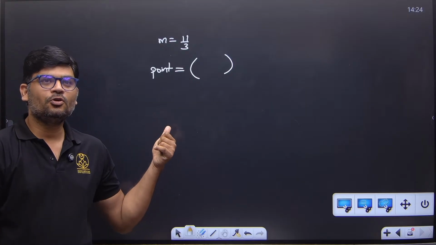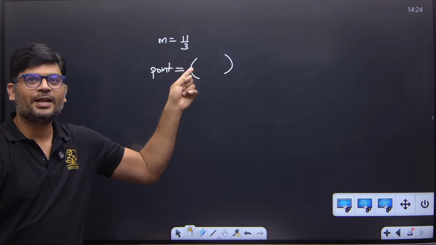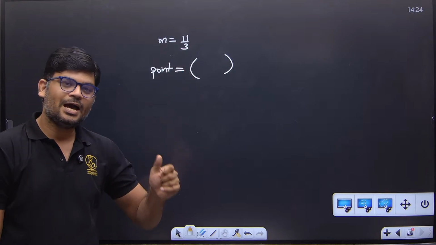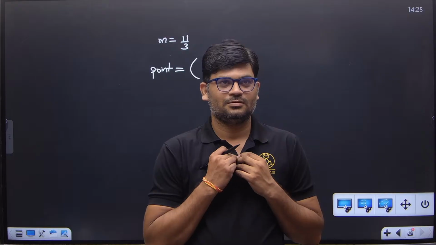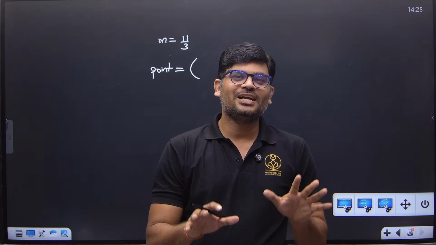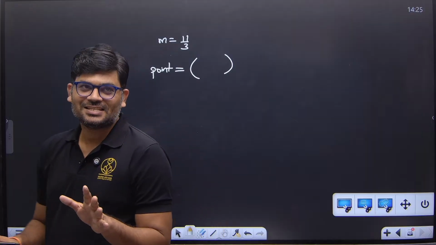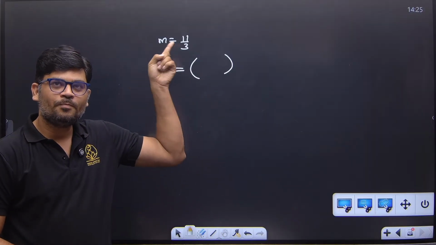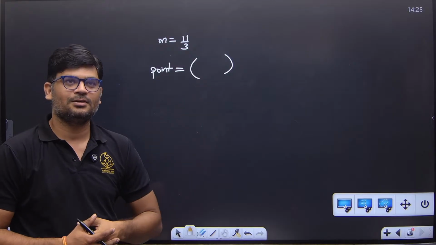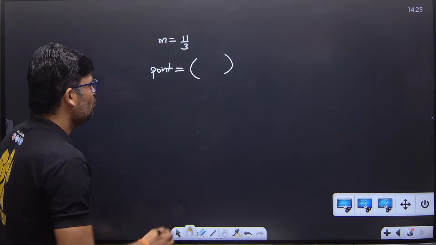Tell me a coordinate of a point from your end through which this line of slope will pass. 2, 6.